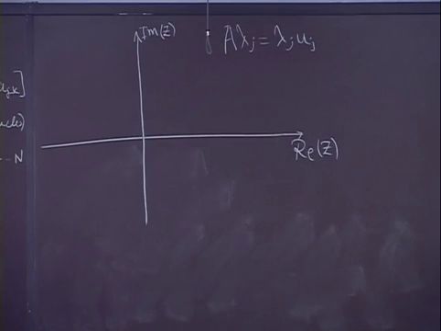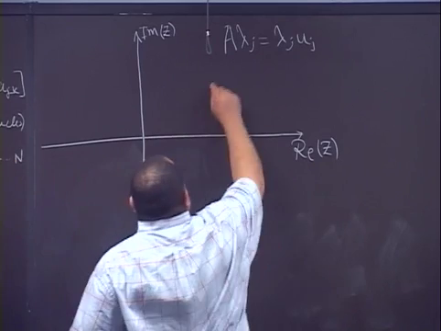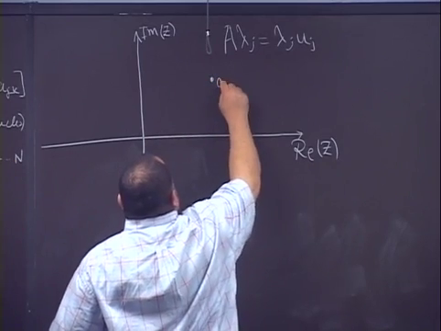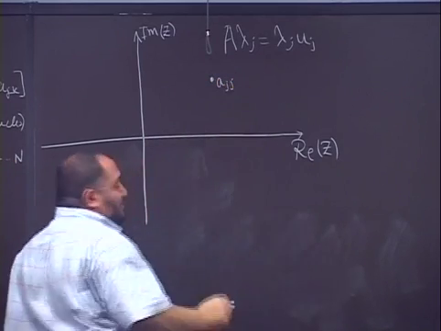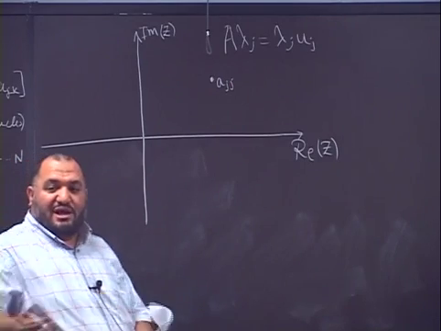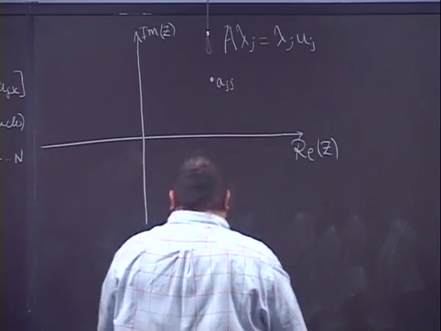If you have a complex number, how will you represent it in a complex plane? As a what? As a point in the complex plane. So this would be a point here, where this is Ajj, because it has a real and an imaginary component.